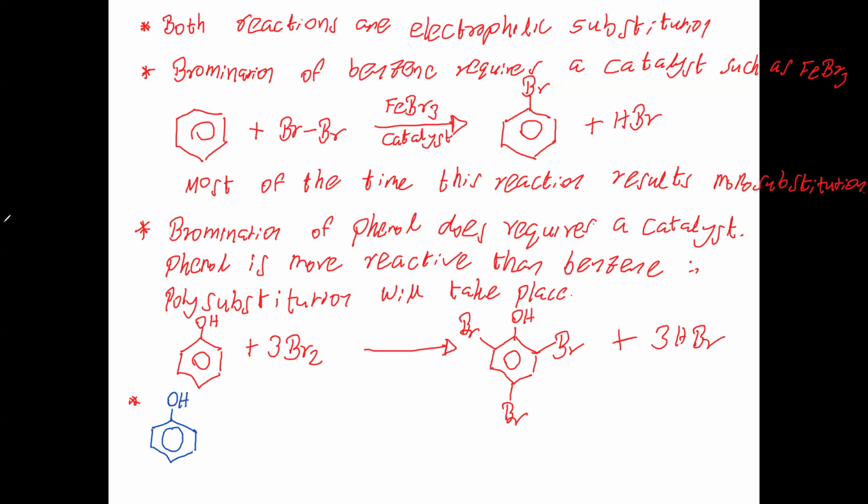In that oxygen atom, we have a lone pair of electrons. So what will happen? There's a probability this lone pair of electrons gets delocalized with the electron cloud of the benzene ring. So when the lone pair gets delocalized with the electron cloud of the benzene ring, electron density on the benzene ring increases. That's why electrophiles are more likely to attack this benzene ring. So that's what we are writing here.